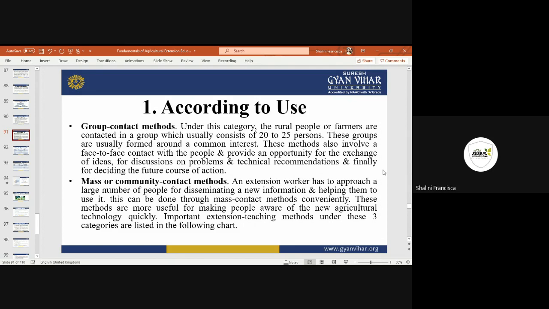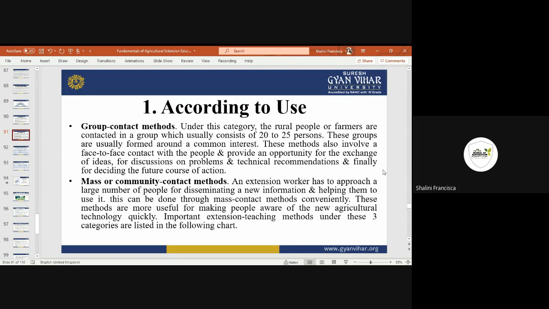So if there is a different type of irrigation, different types of chemical fertilizers, the mass contact method helps them get the idea in 2 to 3 seconds, and the person will have some important factors which will help them go through the things. So the extension worker will use some new information to disseminate to the farmers.